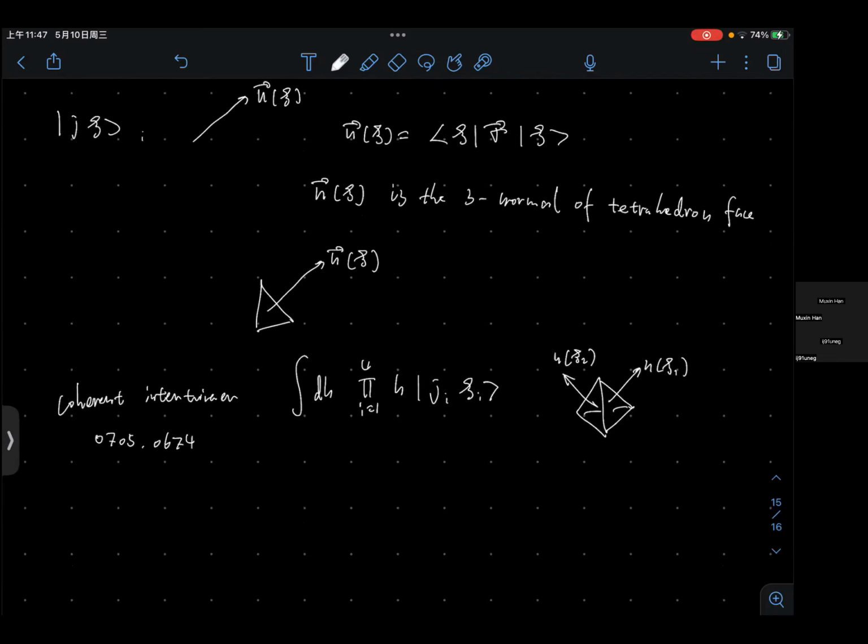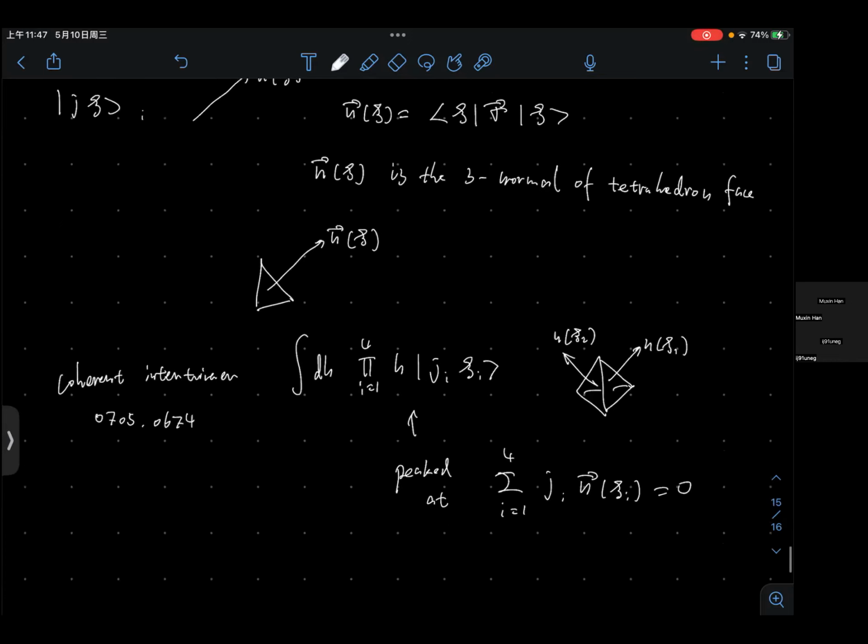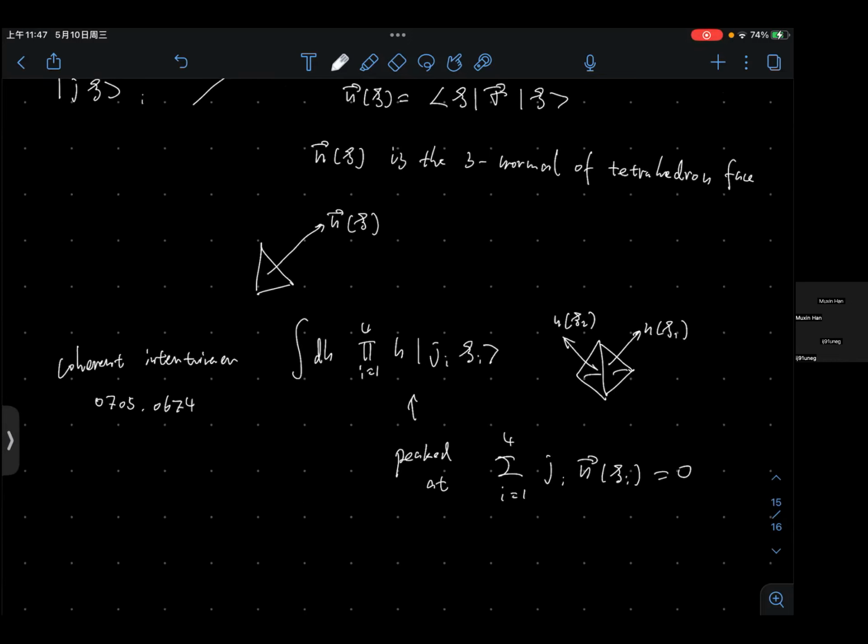This is the paper studying this coherent intertwiner, and one shows that this is also a coherent state peaked at the data satisfying the closure condition. Yeah, having this closure condition means you can reconstruct the geometry of the tetrahedron.